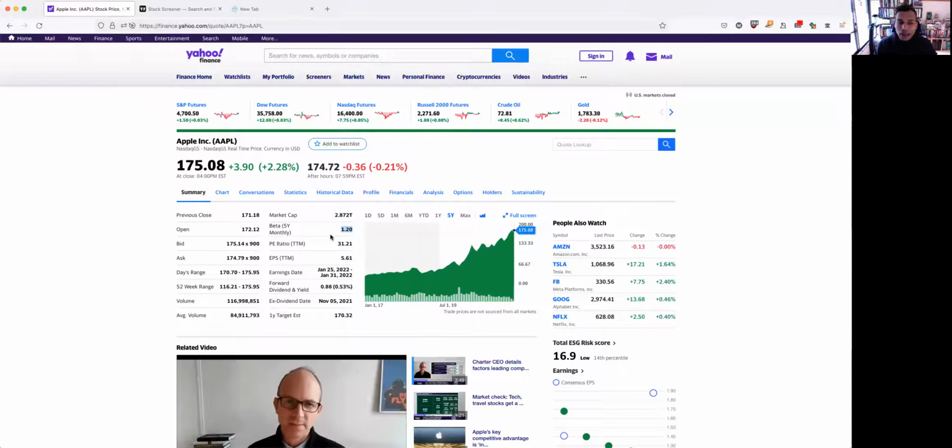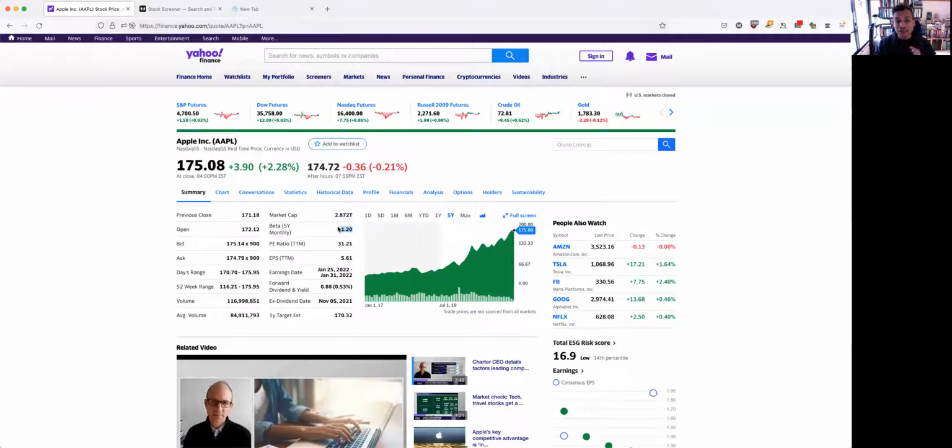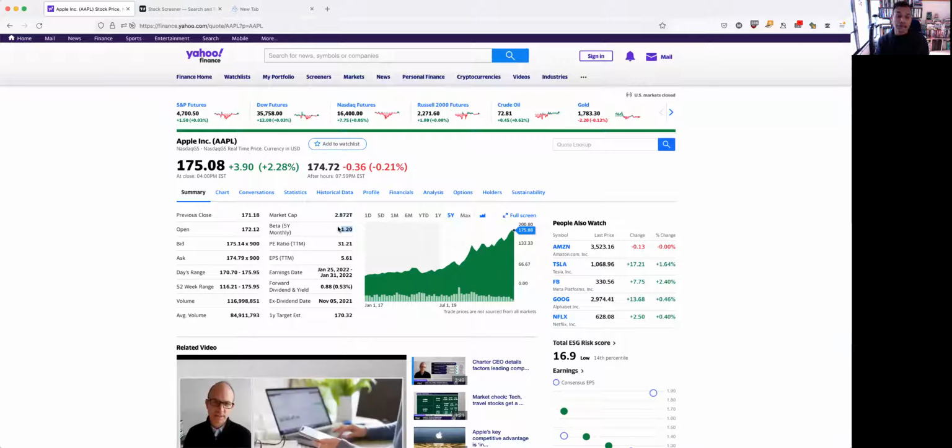Now, the second term that you have here on the summary, let's come back to that, beta. And it says 5-year monthly beta. What is beta? Beta tells us about the risk that this company has. Now, this is a very cursory number. It's a number that you can see, and it comes in so many different variants and flavors that you have to understand what it is, right? So beta is the relative risk of the stock vis-a-vis the rest of the market.